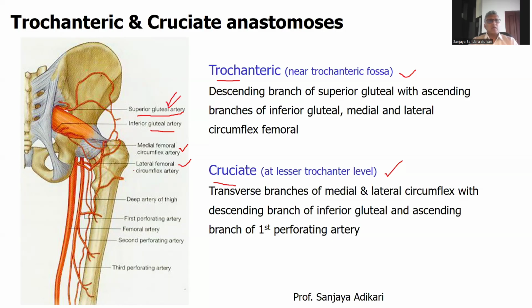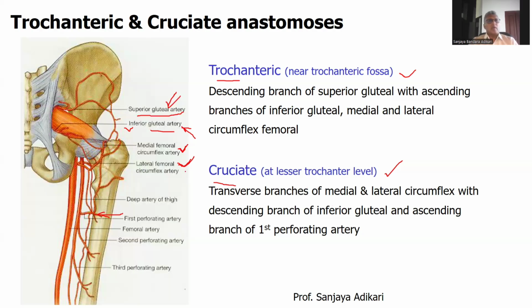It is between the inferior gluteal, the medial circumflex femoral and lateral circumflex femoral again, and the first perforating artery. The ascending branches of the first perforating artery anastomose with the descending branches of the inferior gluteal artery and the transverse branches of the circumflex femoral arteries. That is the cruciate anastomosis.